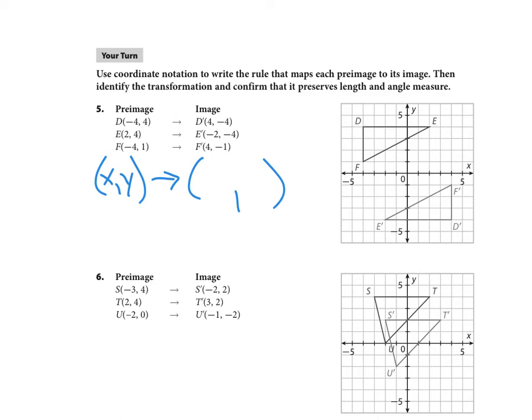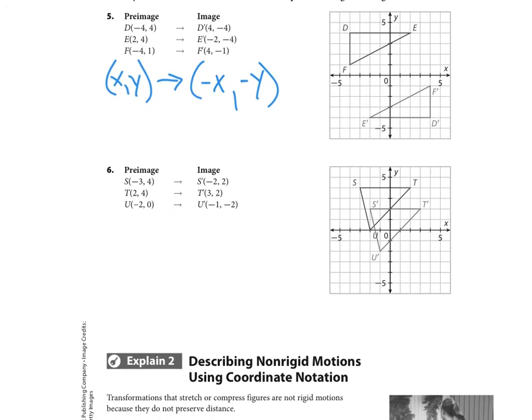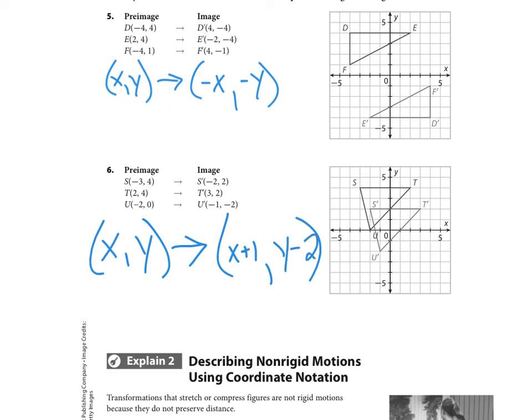But if you look at E, can you see that it becomes opposite x, opposite y? And that works for all of them. So that's our rule. Now, if you look at 6, it gets a little bit more complicated. But can you see what is happening between them? You're adding 1 to the x, and you are subtracting 2 from the y's. And that is a translation.